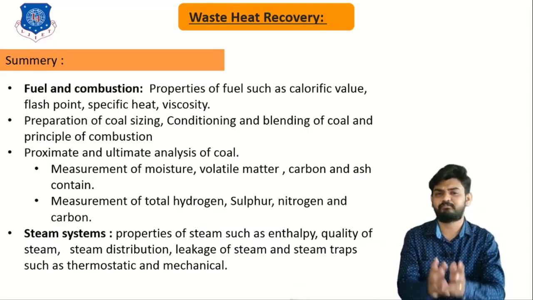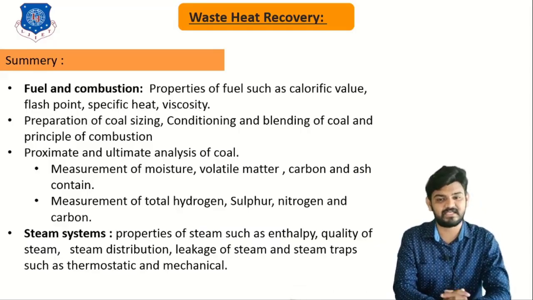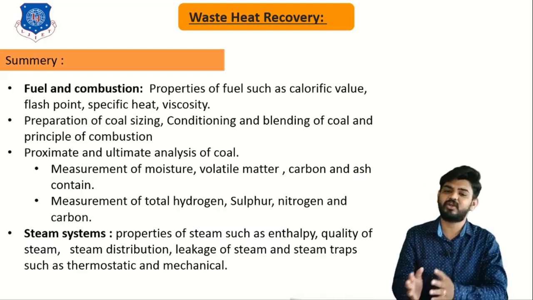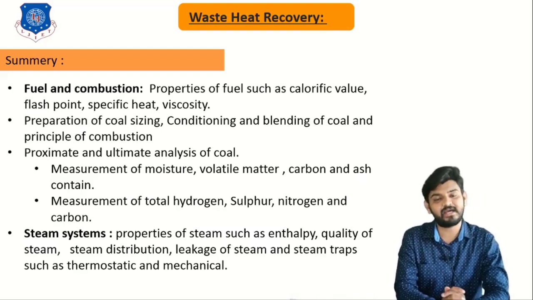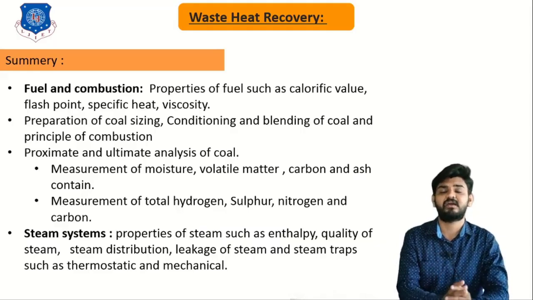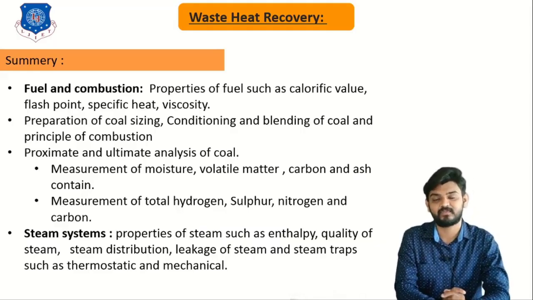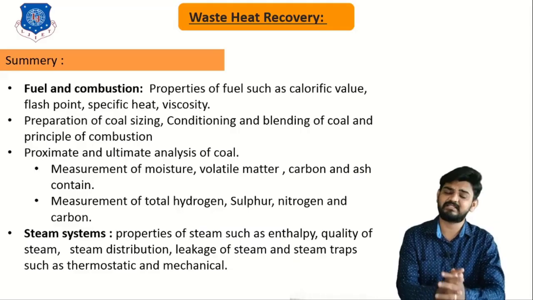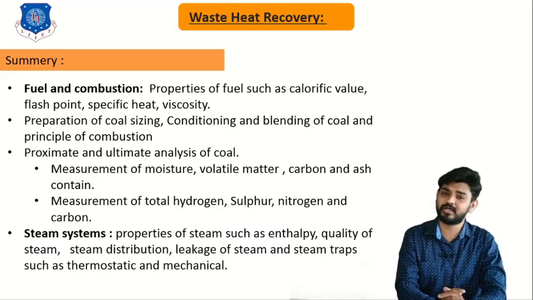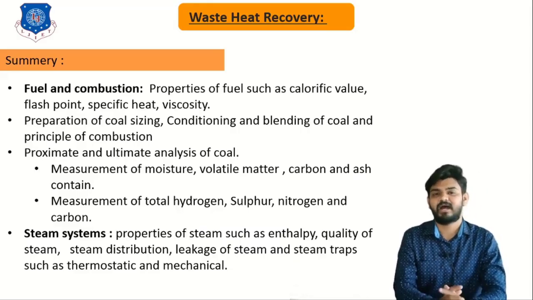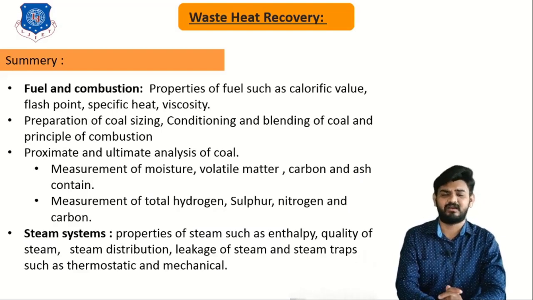Then we have seen the proximate and ultimate analysis, in which we have seen the measurement of moisture, volatile matter, carbon and ash content in the proximate analysis, while in the ultimate analysis, we have seen the total content of carbon, hydrogen, sulfur and nitrogen.